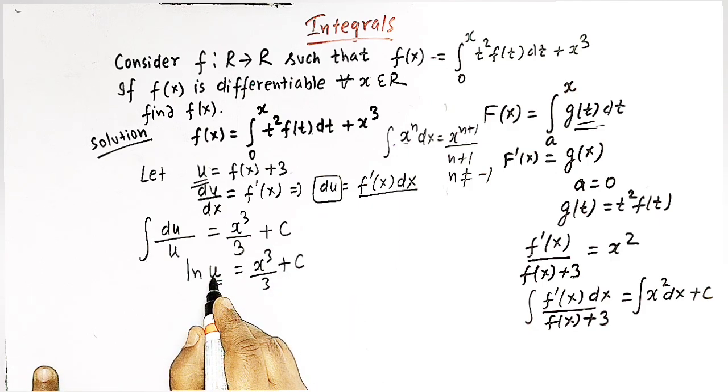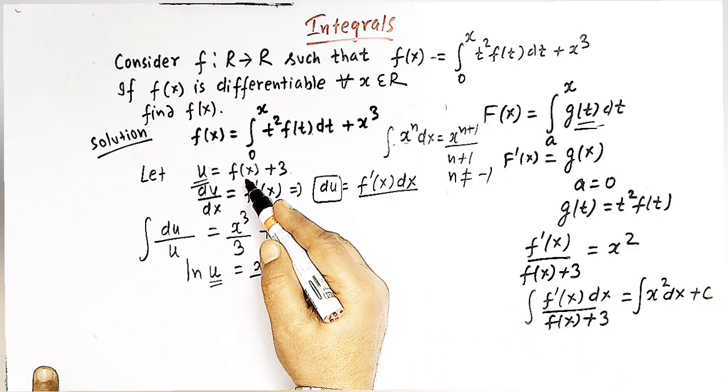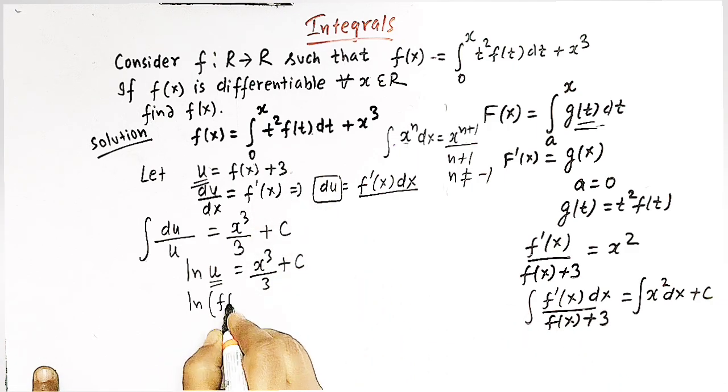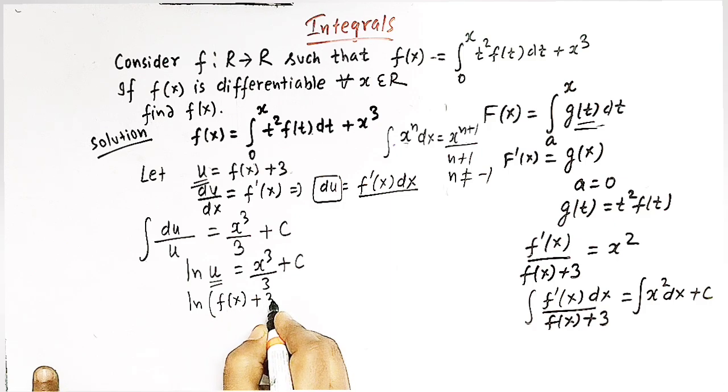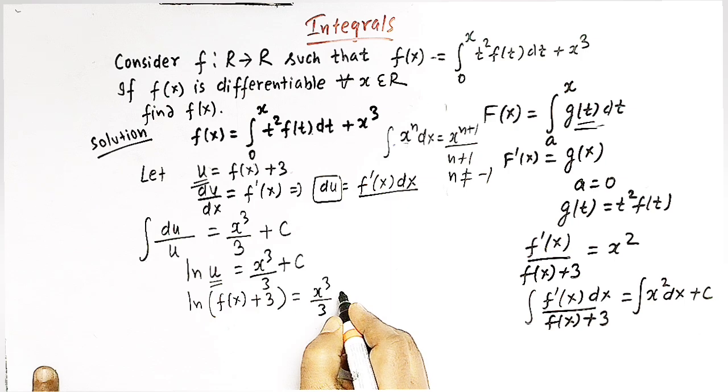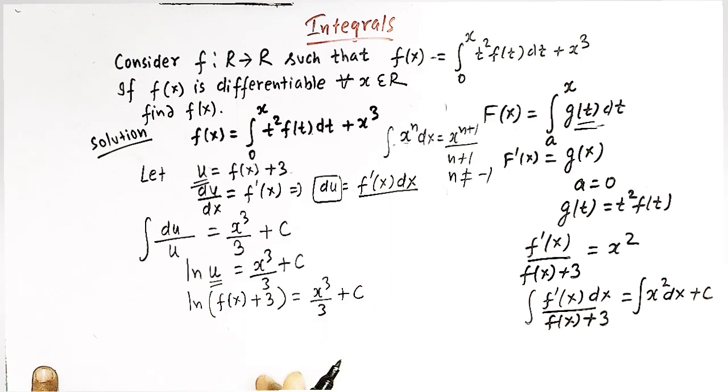Now let us replace u by f(x) plus 3, so we have the natural log of f(x) plus 3 equal to x cubed over 3 plus c. Now we need to find the value of the constant of integration c by using some initial condition.